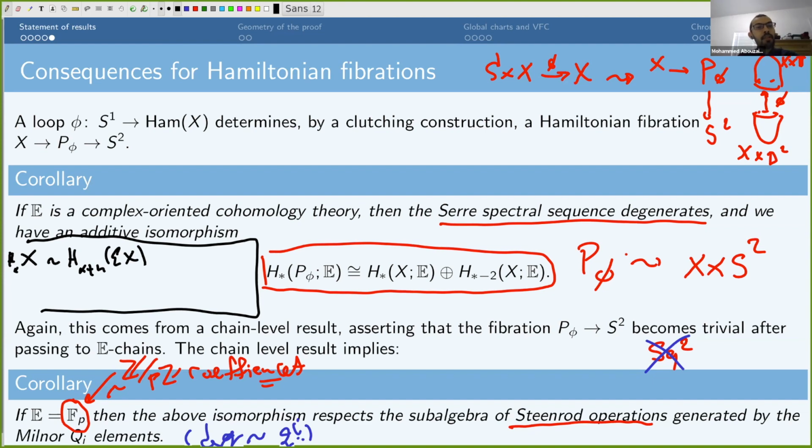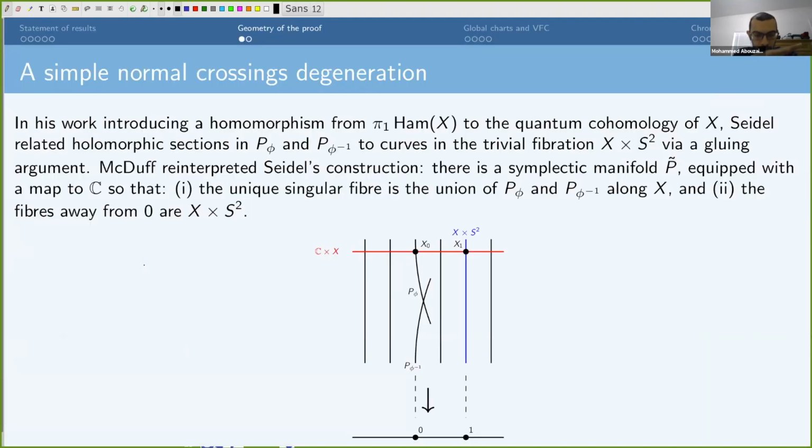So let's talk about the geometry of the proof. This geometry that I'm going to describe, I don't know who really came up with it, but it's explained in McDuff's paper. Remember, there are several players. I just want to remind you what's going on. X is the fiber of this fibration over S^2.